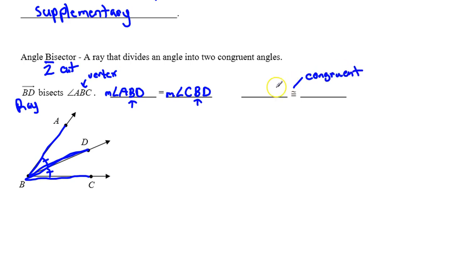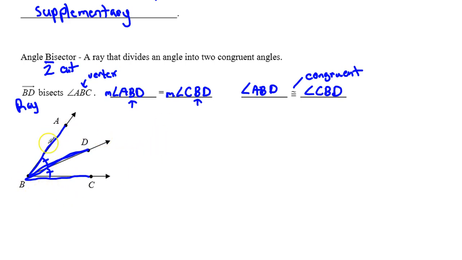It's an equal sign with a little tilde above the top, and when we do the congruent, we don't need to write the measure. We can just write angle. Those are interchangeable. If the measures are equal, they're congruent. If they're congruent, the measures are equal, and we'll show when those different things apply.